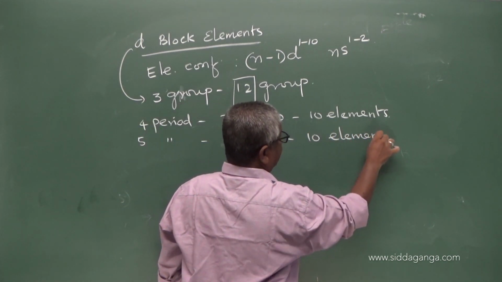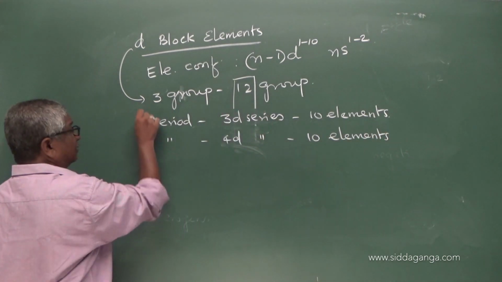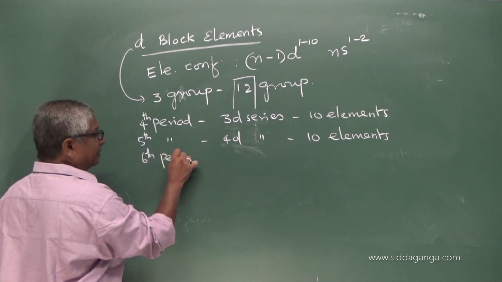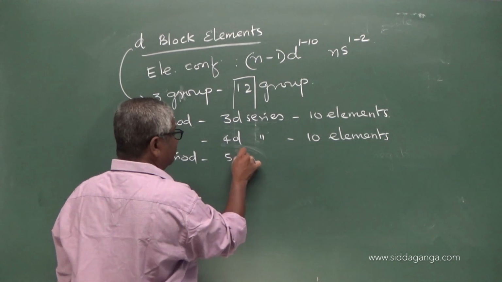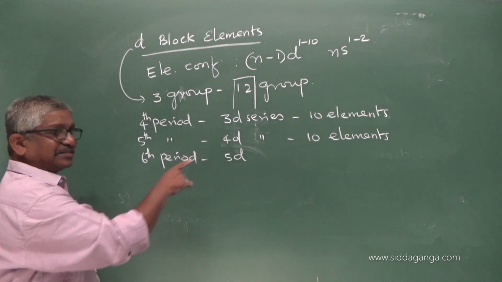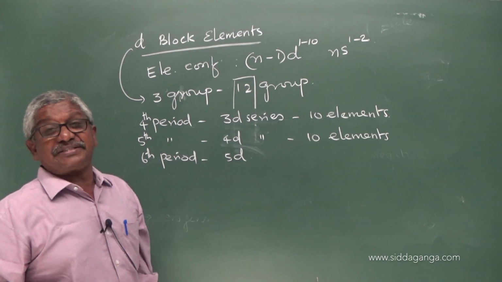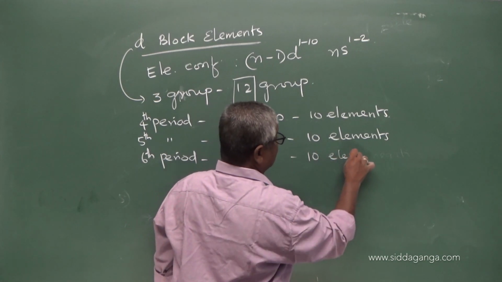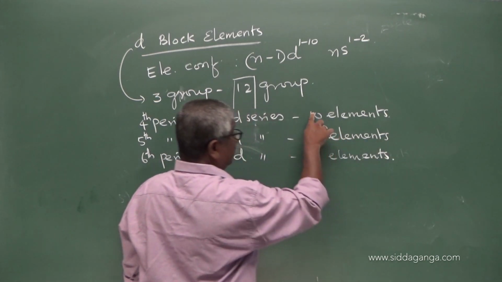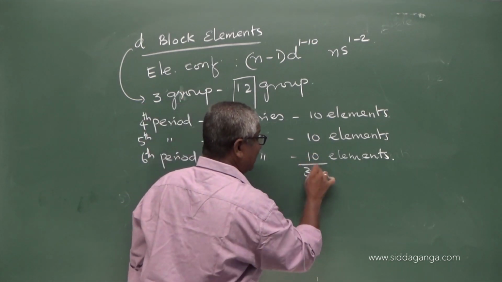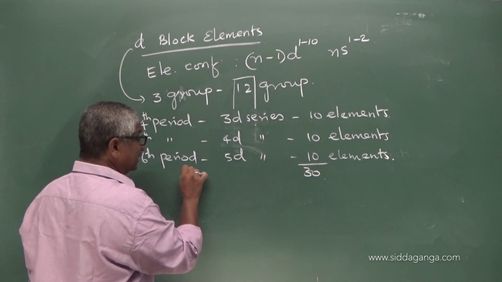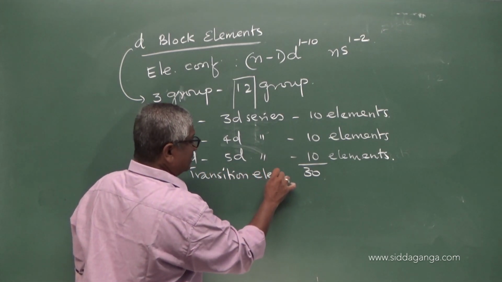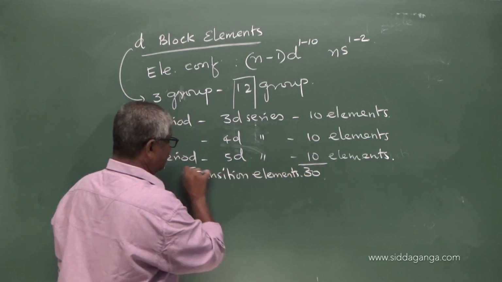The sixth period 5d series, because the d orbital is always filled in the penultimate shell, also has 10 elements. Totally 10 plus 10 plus 10, 30 elements are called transition elements.